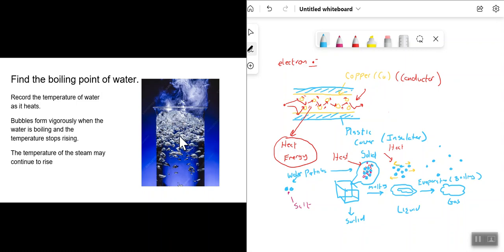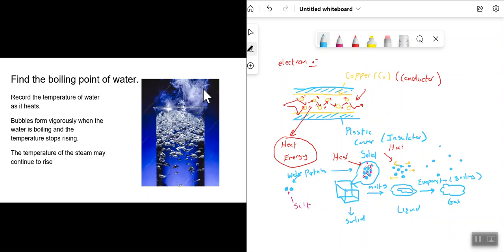Basically, the liquid water is turning from a liquid into a gas, and all of that energy, instead of increasing the temperature of the overall solution, is going into separating the particles from each other, changing state from a liquid into a gas.